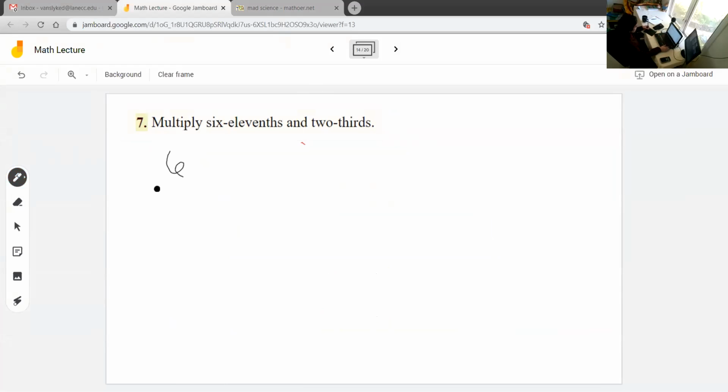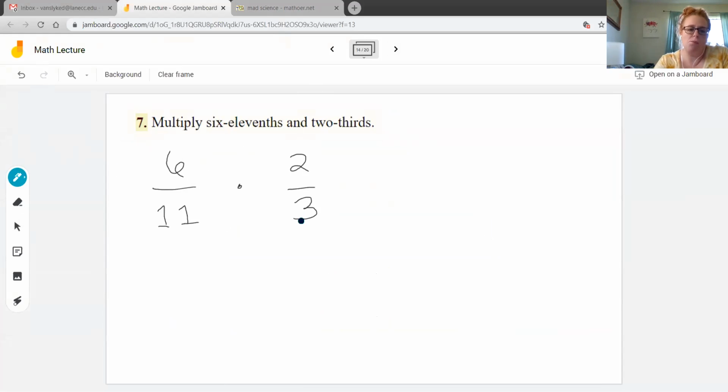Okay, 6/11ths and 2/3. Okay, what can I cancel with the 6? The 2 or the 3? The 3. The 2 is also on the top. If they're both on the top, I can't cancel.